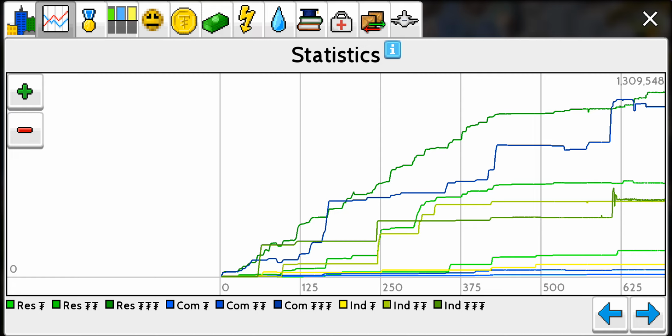And what you can see is that in the second quarter, in the 225th year, again the commercial sector surpassed the residential. That occurred in this quarter, and at the end of the last quarter, 500 and 625.